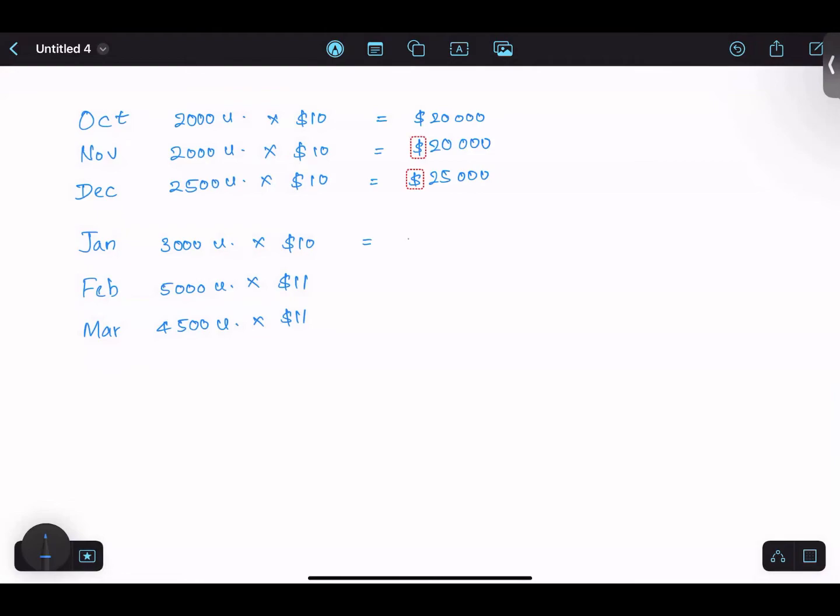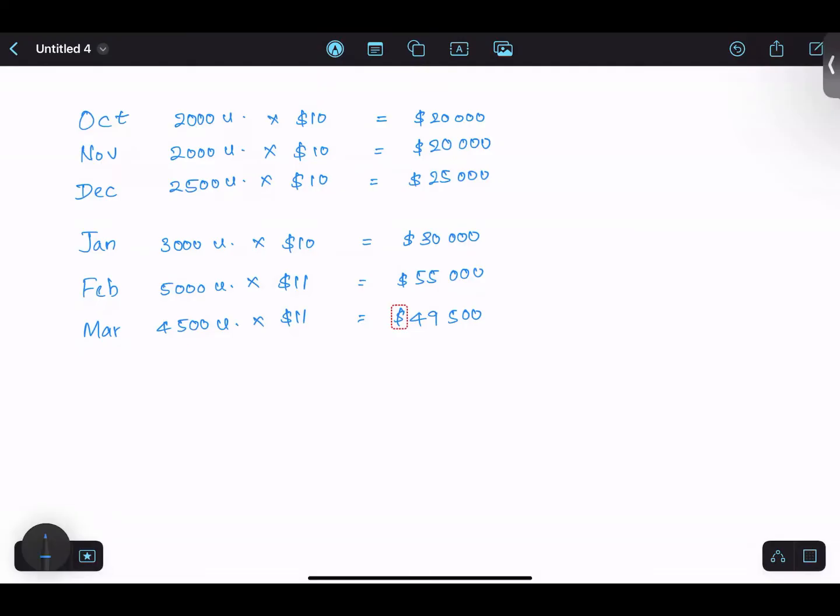January sales will be $30,000. February sales will be $55,000. March sales will be $49,500.